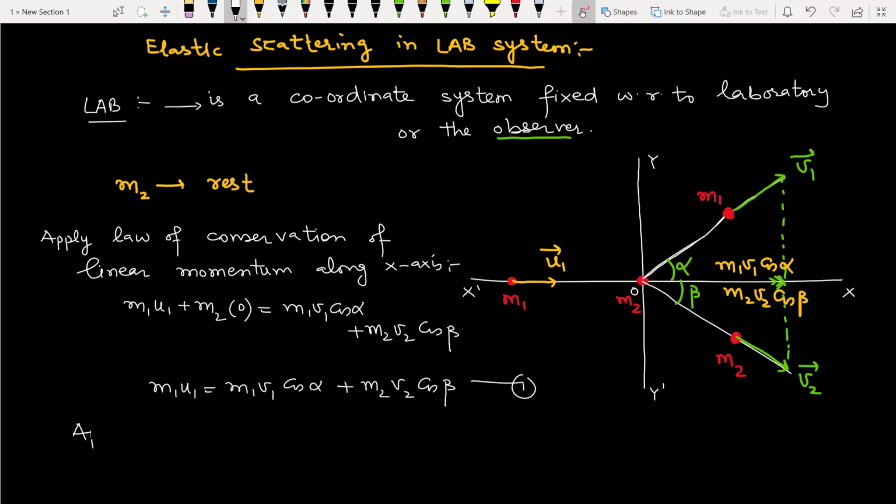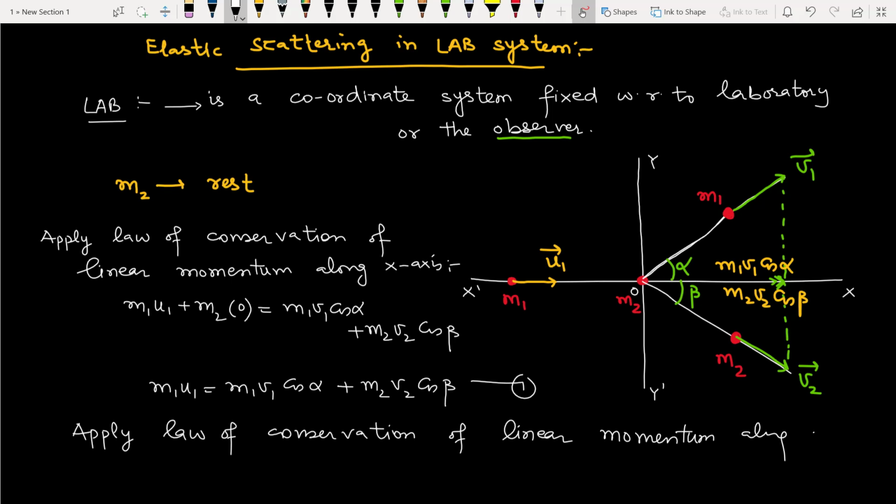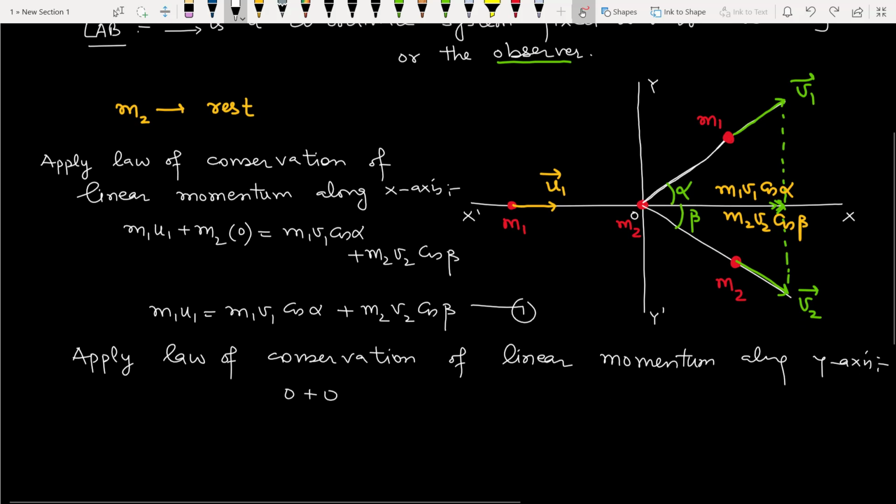Now we apply the law of conservation of linear momentum along the y-axis. So initial momentum is 0, because the momentum is along the x-axis and there is no momentum along y. So net initial momentum along y-axis is 0.